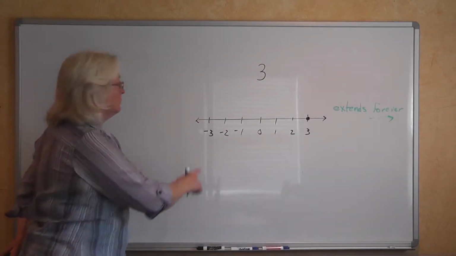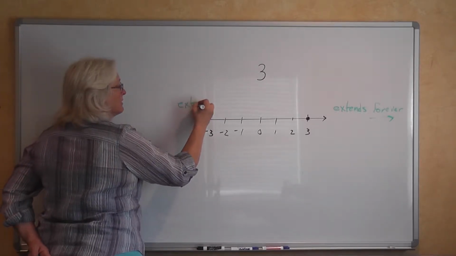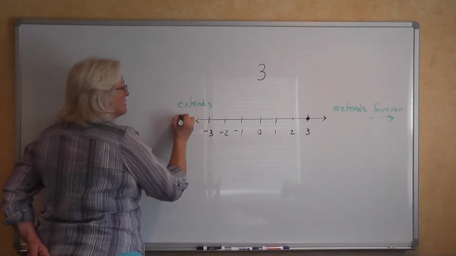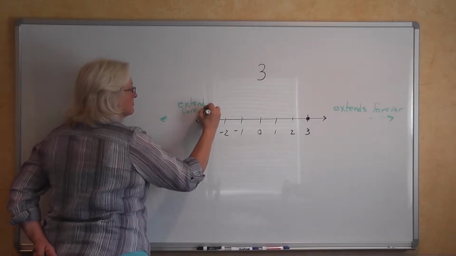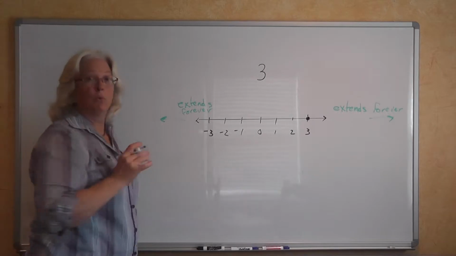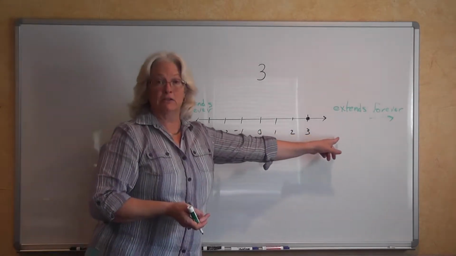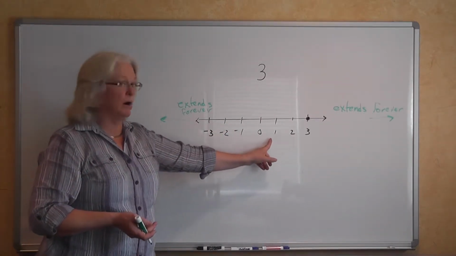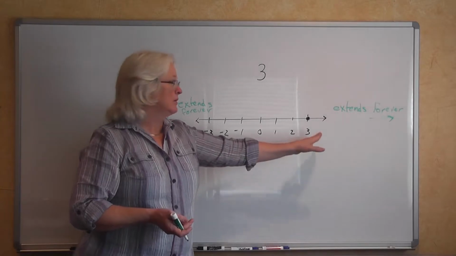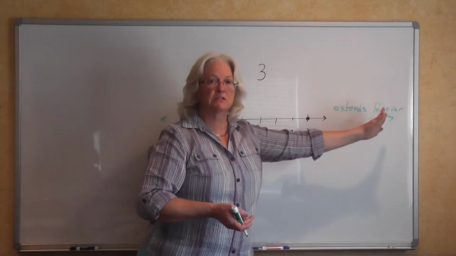To the right, we have an arrow here at the left that says that this pattern of the number line that we've written extends forever in that direction. When you're drawing a number line, you have to have the arrowheads at the end of the number. If you start here, you see 0, and you go 1, 2, 3, what would be next? 4, 5, 6.